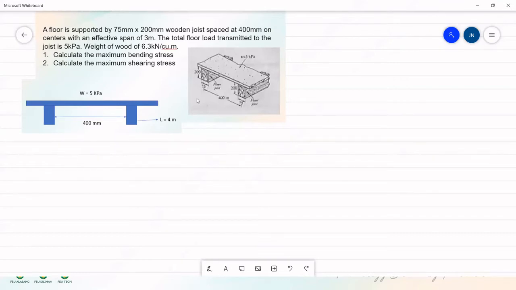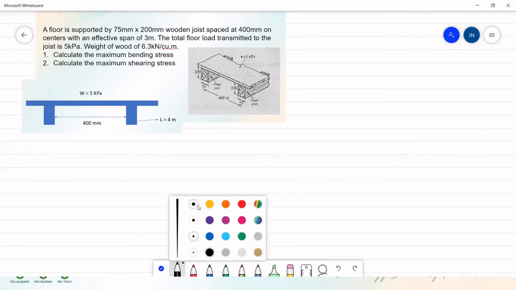So let's start. So how to calculate? For example here, if you consider this beam, if you have this beam, okay?